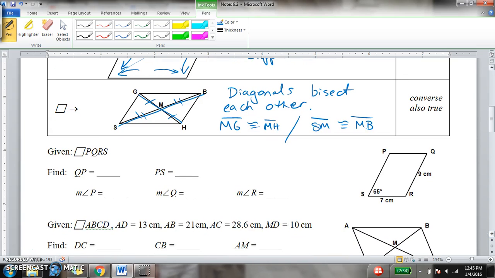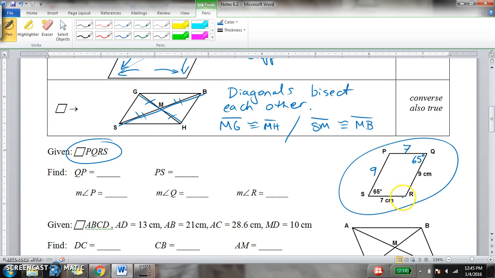So, knowing what we just learned about parallelograms, we want to take this parallelogram over here and fill in all of these pieces. First thing we said was that opposite sides are congruent to each other. So if this side right here is 9, this side right here is 9. If this side down here is 7, this side up top is 7. If this angle right here, angle S, is 65, then the angle opposite from it is also 65 degrees.